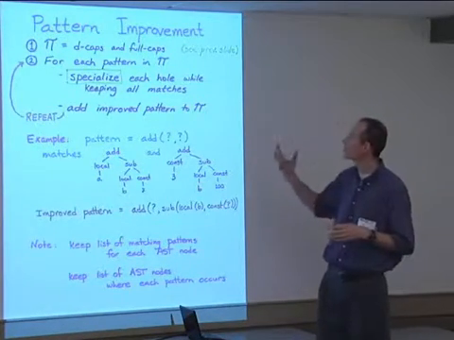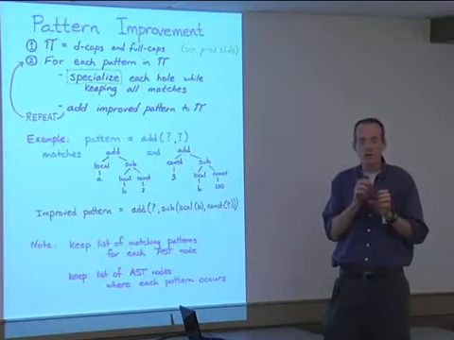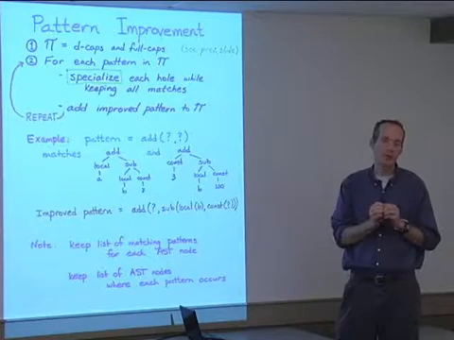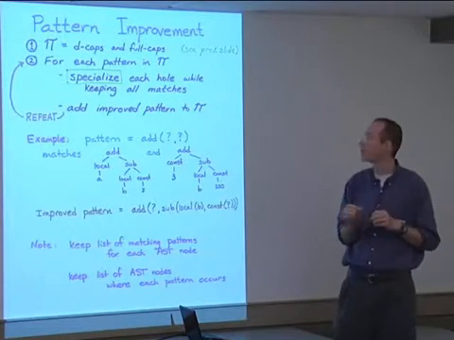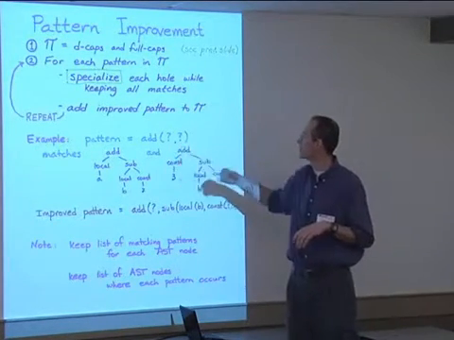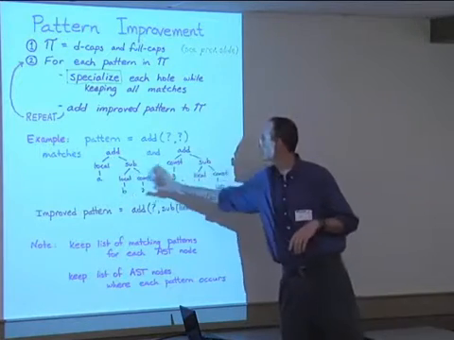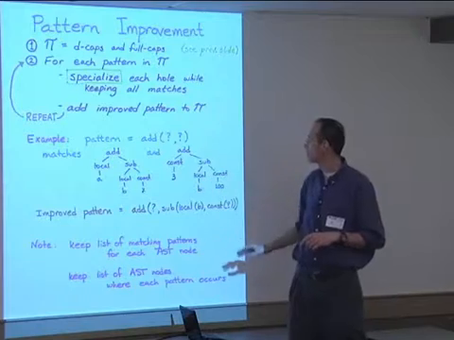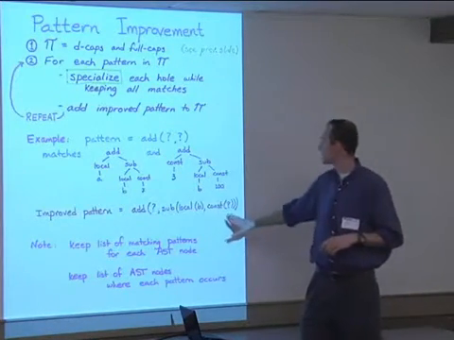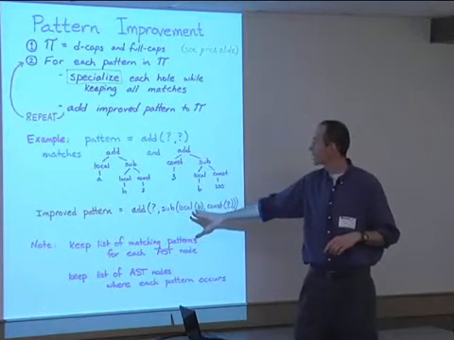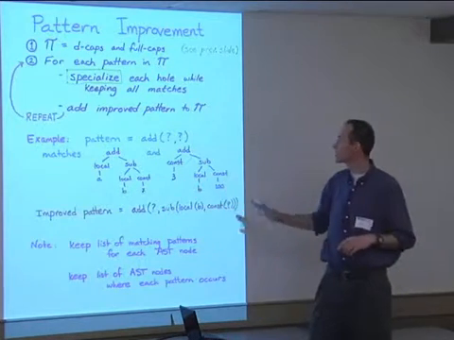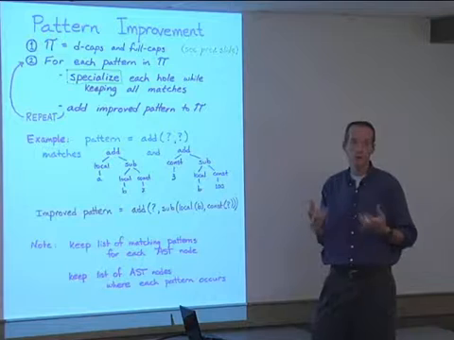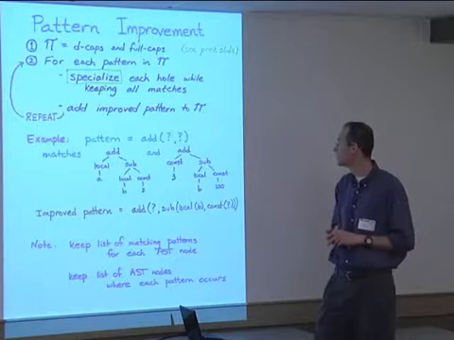And you're trying to improve it, trying to make it more specific, a bigger pattern, while keeping all of those original occurrences. So here's an example. If I started with this pattern and it matched 2 places, then my improved pattern might be this. This improved pattern matches exactly the same 2 occurrences, but it's bigger. It has more stuff in it, more non-hole stuff.